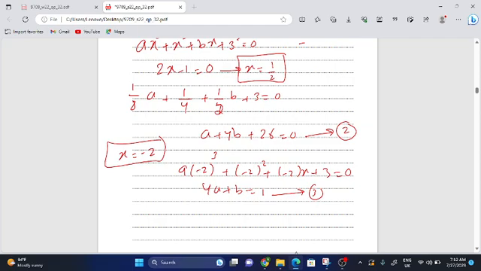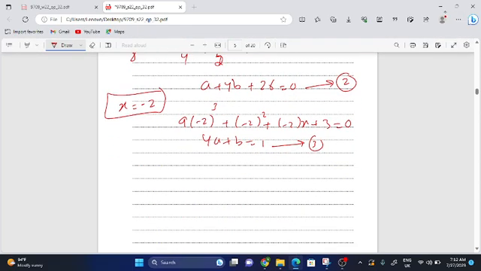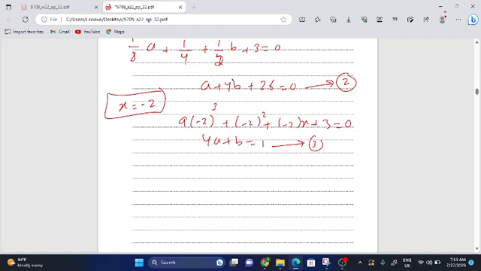Now I have to find the answers for a and b. I will solve equation number 2 and equation number 3 directly by using the simultaneous method or the substitution method, any method that seems easy for you. If I solve it by the simultaneous method, I have to make the coefficient of a or b the same. Equation number 3 has 4a plus b, and equation number 2 has a plus 4b.